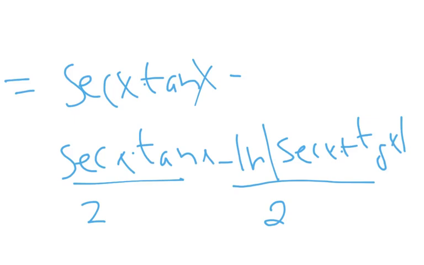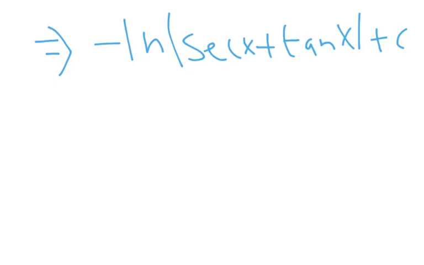Secant x tangent x minus secant of x times tangent of x over 2 minus natural logarithm of absolute value of secant of x plus tangent of x, everything over 2, minus ln absolute value of secant of x plus tangent of x plus c, since it's an indefinite integral.